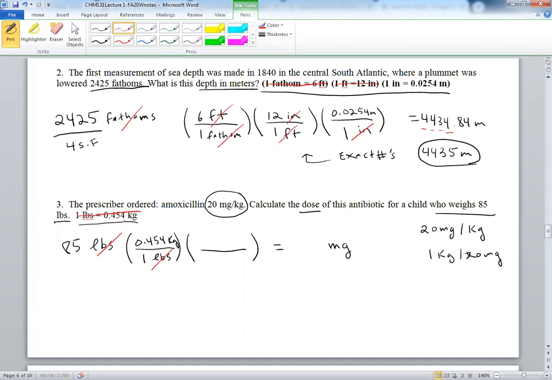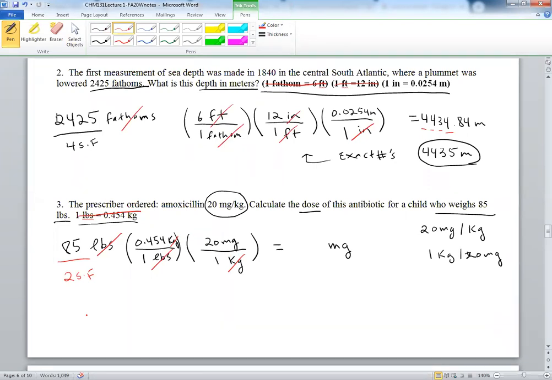So obviously if I use this one first, then I need to use what's left, which is this one right here. Now I have kilograms, so that should go down here. And that's 20 milligrams on the top. And remember, I started with 2 significant figures. That's how many I need to end with.